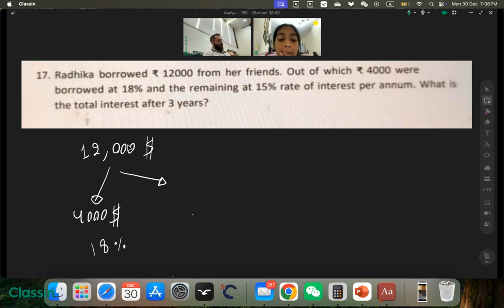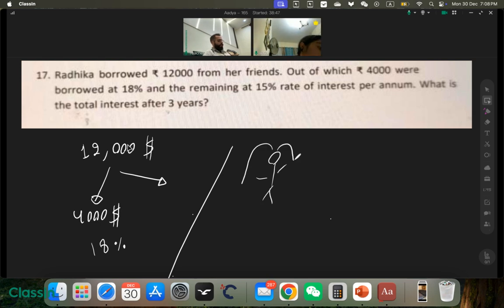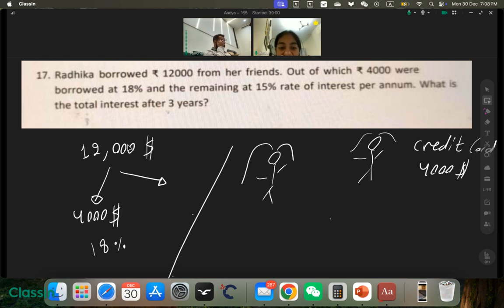So she asked some of her friends. This is her first friend. Her first friend gave her her credit card, and she took $4,000 from her friend. And with a credit card, usually you need to pay extra, right? The bank is not going to give you free money and get back the same amount.